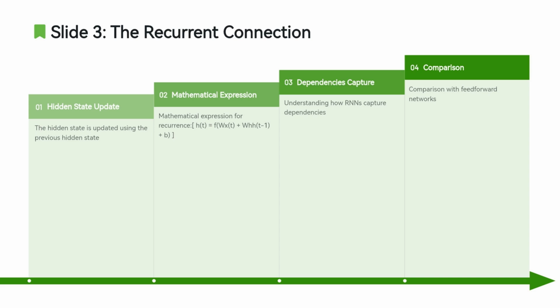This can be expressed as h_t = f(W x_t + U h_{t-1} + b), where W is the weight matrix for the input to hidden connection, U is the weight matrix for the hidden to hidden connection, and b is the bias term. The function f typically represents a non-linear activation, such as tanh or ReLU.